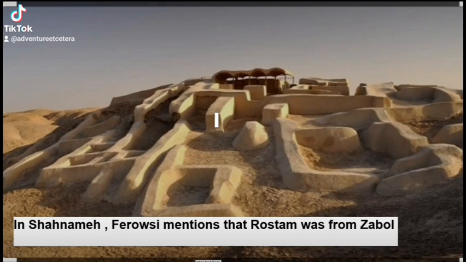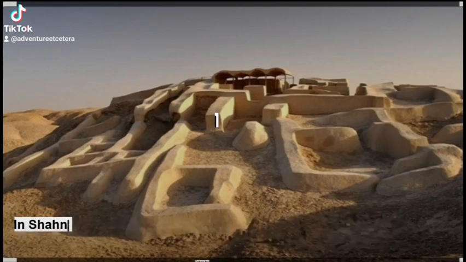In Shahnameh, Ferdowsi mentions that Rostam was from Zabul. I would probably say that he was from Shahr Sukhte. Shahr Sukhte and Zabul are very close, not many miles apart.